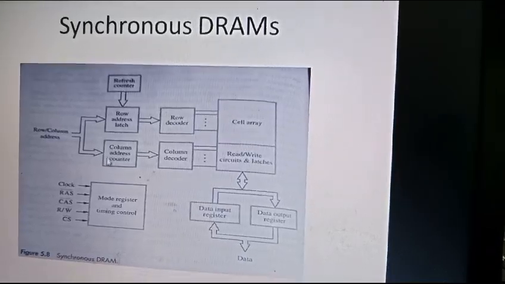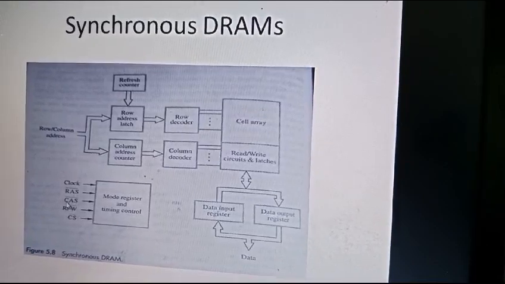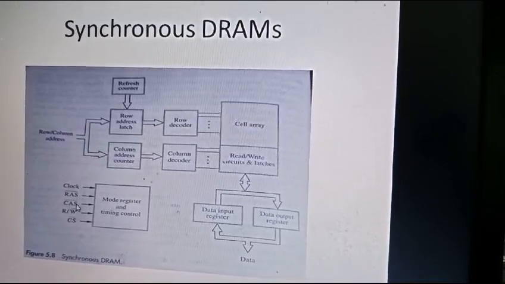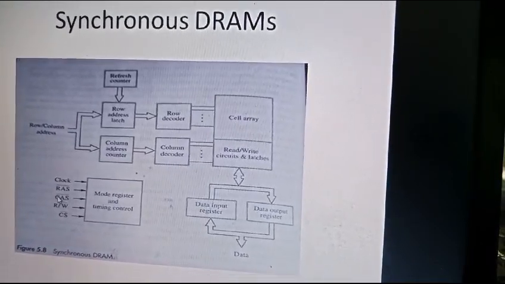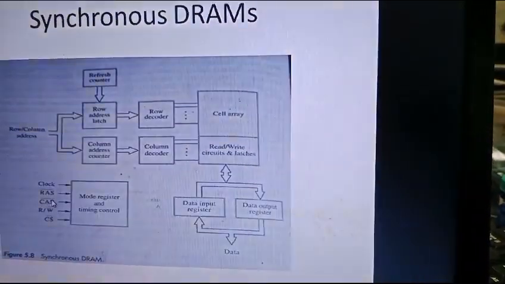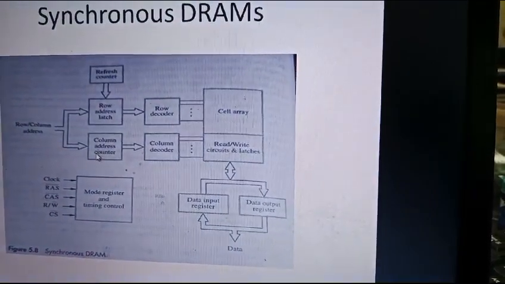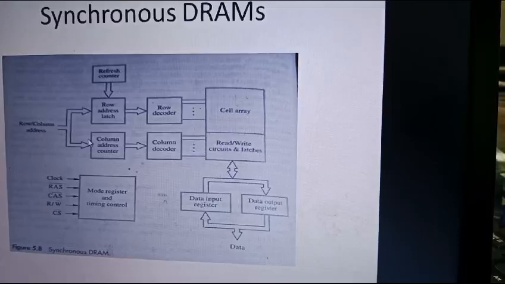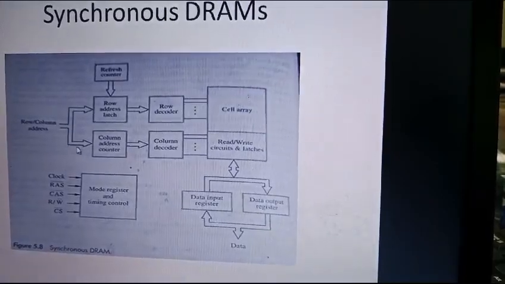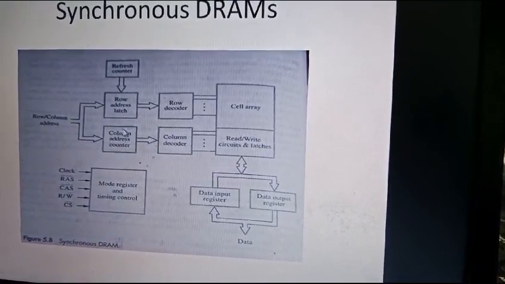It consists of a latch as well as a register. At that time the processor will activate the column address selection signal, CAS bar, so this signal becomes 0. This low signal will activate this circuit, so it will receive this column address and hold it.